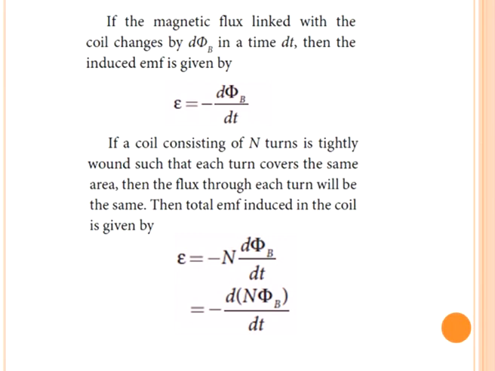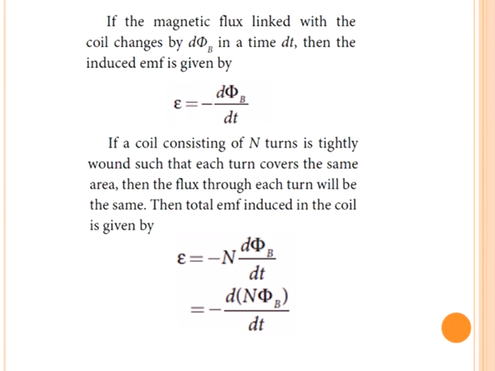Suppose the coil has n number of turns and is tightly wound in such a way that each turn covers the same area, and therefore the flux through each turn will be the same, and hence the total EMF induced in the coil will be n times the EMF induced in a single turn, right?